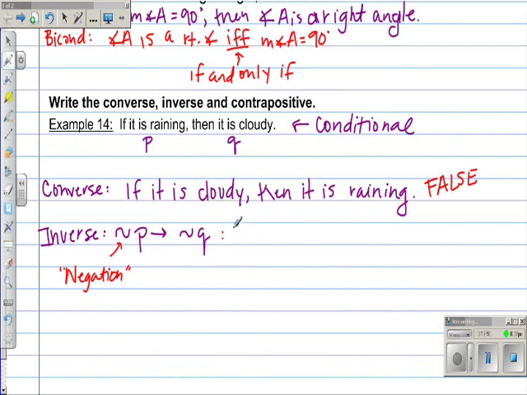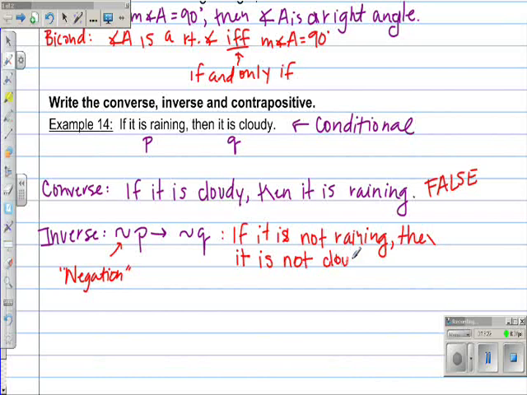So in this scenario, it would be, if it is not raining, then it is not cloudy. Okay, so that would be your inverse.